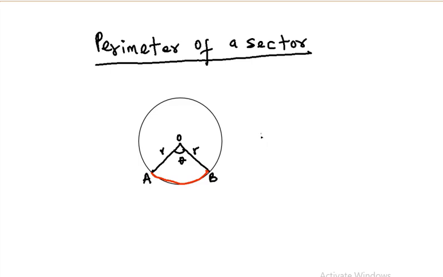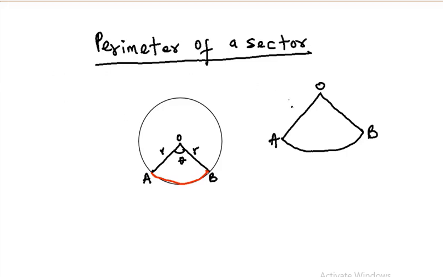Let me draw it here. Sorry, the sector here is this figure. This is a sketch. So let me call here A, here O, and here B. By talking about perimeter, it means I will add everything around the shape.